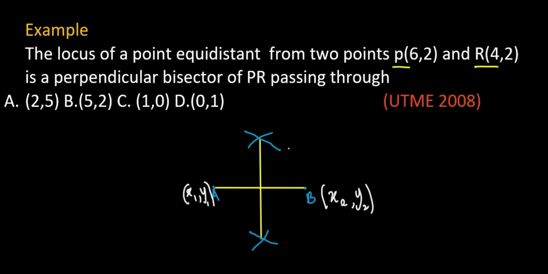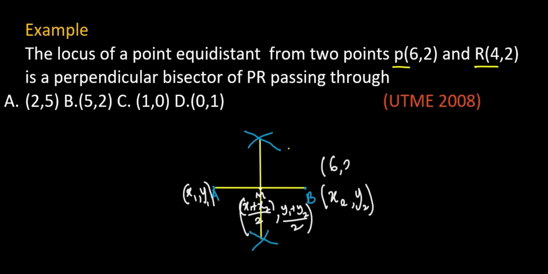To do this, we are looking for the midpoint of AB, and the midpoint, let's say M, is usually given as ((x1 + x2)/2, (y1 + y2)/2). Okay, that's the coordinate of the midpoint of AB.